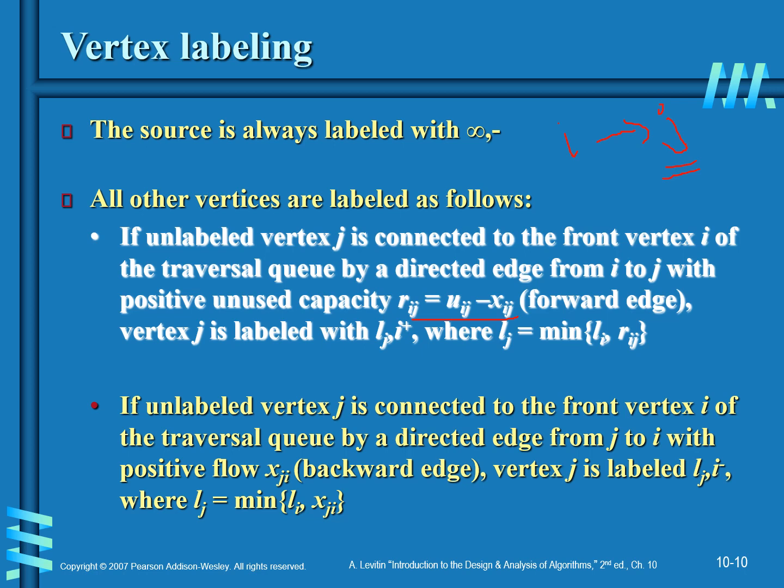Then vertex j is labeled with Lj comma i plus, where Lj equals the minimum of Li and Rij.